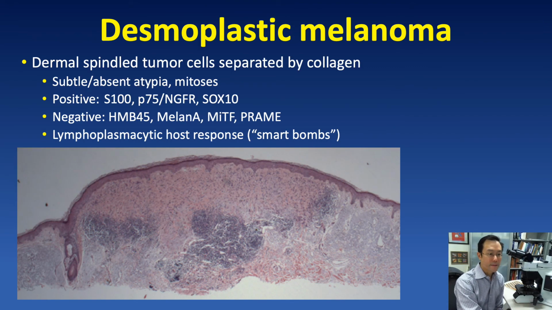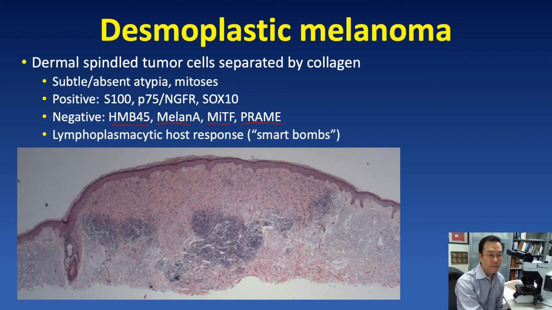And if the lack of overt atypia or mitotic activity wasn't difficult enough, desmoplastic melanoma can also be tricky at the immunohistochemical level as well, being characteristically negative for some of our most specific melanocytic markers, including HMB45, Melan-A, MITF, and the not specific but sensitive PRAME.